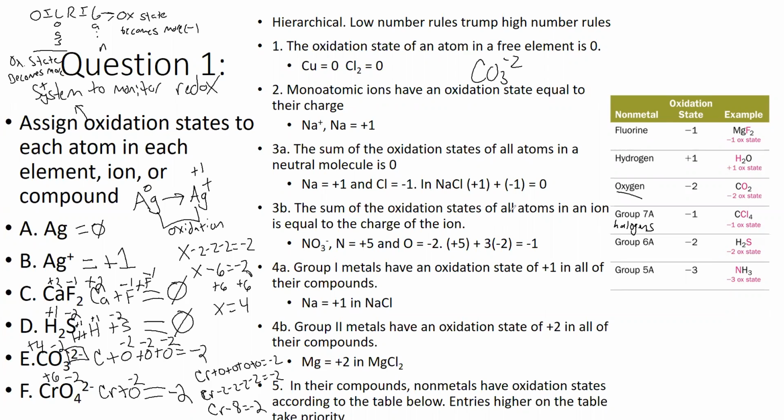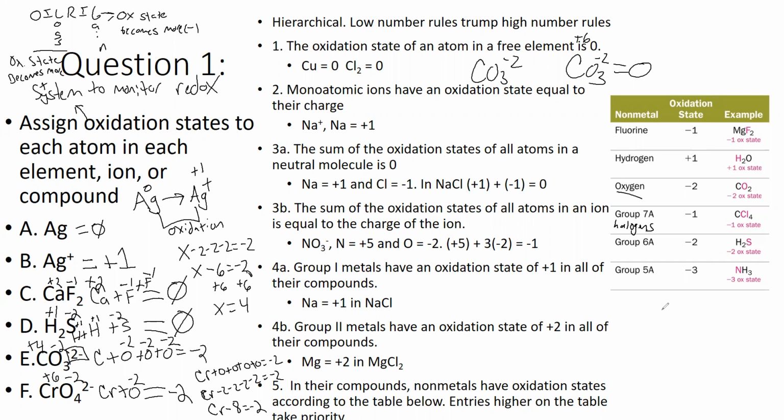I would not do CO3 and keep a -2 hidden and then penalize you if you didn't realize that CO3 is always -2 charge. Because if I gave you this, the oxidation states say, well, this all has to equal 0. Oxygen's always -2, then carbon must be +6. Like that would be legitimate. But if I don't give you a charge, that means the charge is 0. All right.